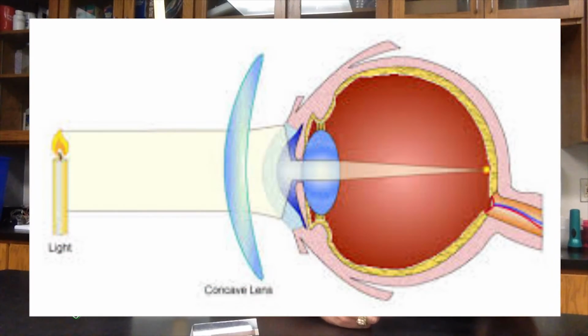So our eyeball actually works in a very similar way. We have a convex lens over our pupil. And so when the light comes in, if you look at that cross-section of the eyeball that's up there right now, it will bend because of the curve and because of the change in density.